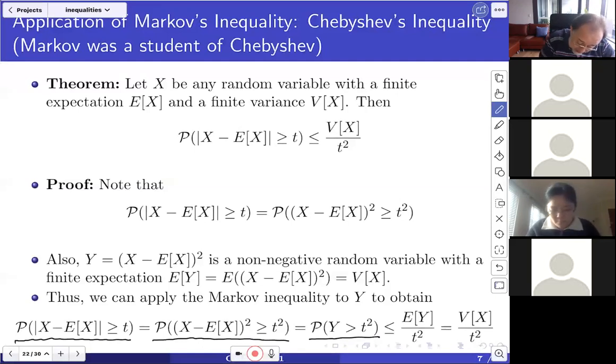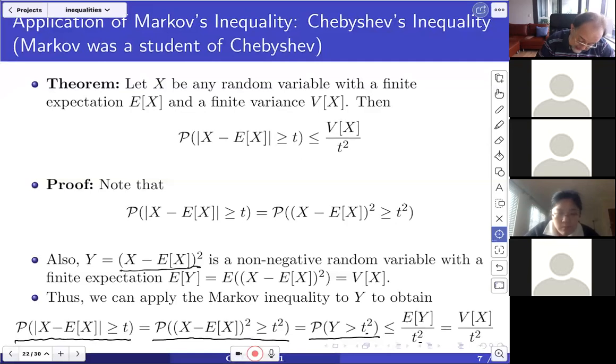This will be smaller or equal than the expected value of y divided by the bound, which in this case is t squared. But the expected value of y, what is y? Y is just this, and the expected value of y is precisely the variance, right?